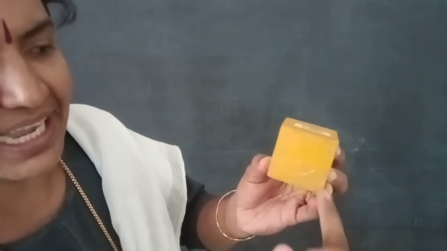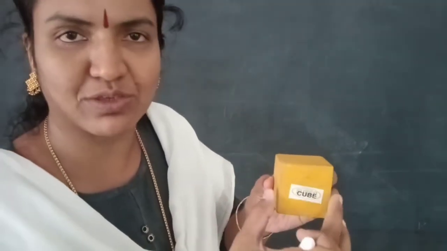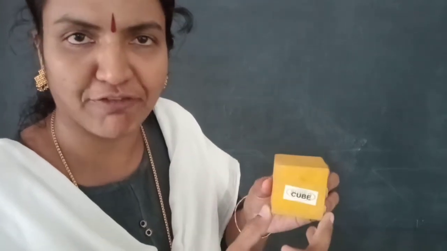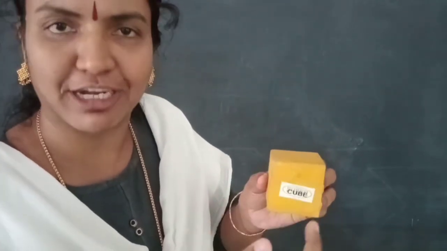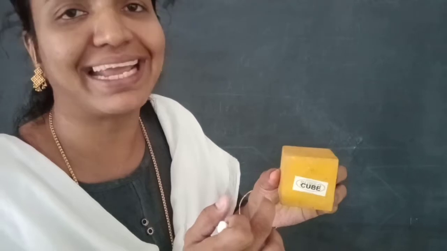Then 12 edges, 1, 2, 3 up to 12. So it is a cube. It has 6 square faces, 8 vertices, 12 edges.